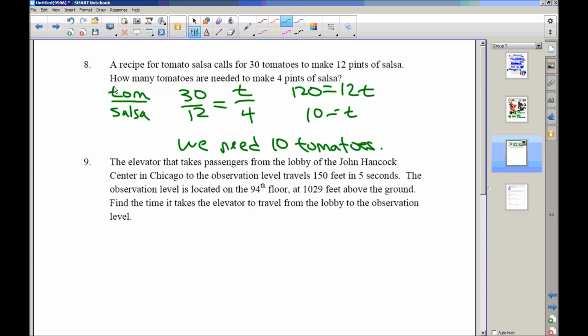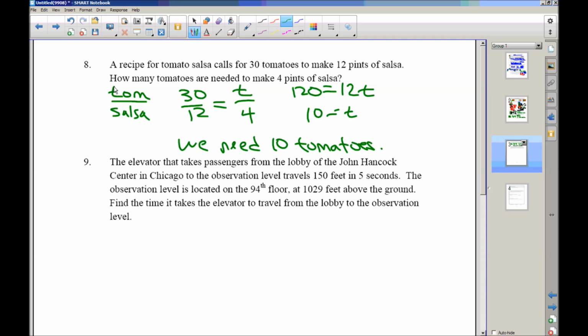Our last one. The elevator that takes passengers from the lobby of the John Hancock Center in Chicago to the observation level travels at 150 feet in 5 seconds. The observation level is located on the 94th floor at 1,029 feet above the ground. Find the time it takes the elevator to travel from the lobby to the observation level.